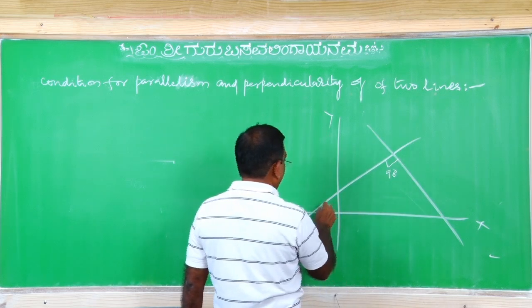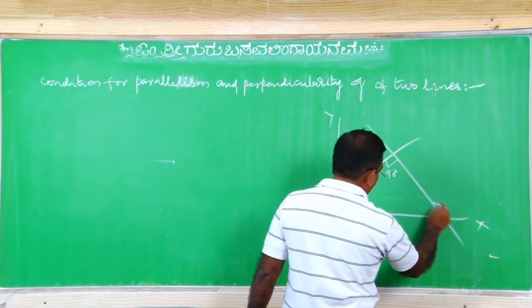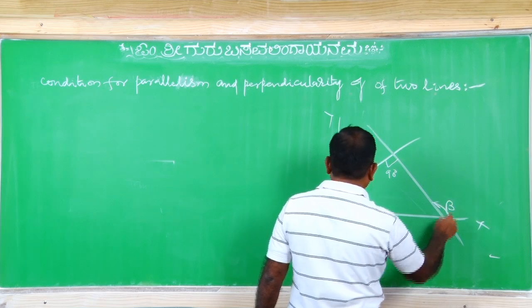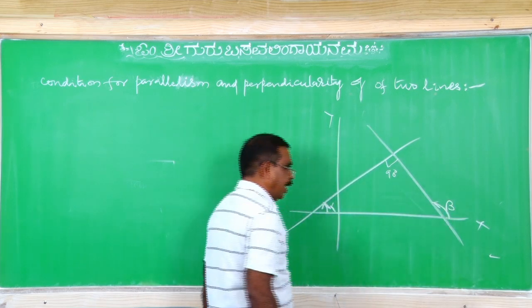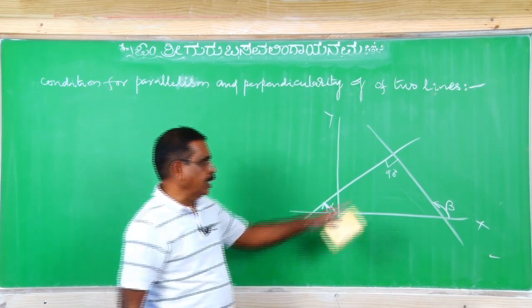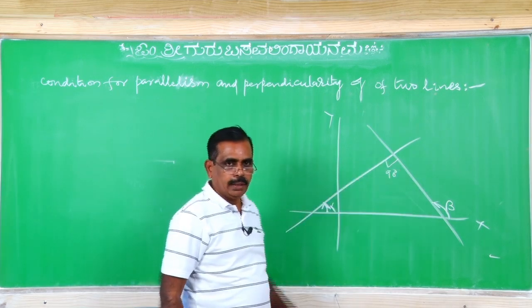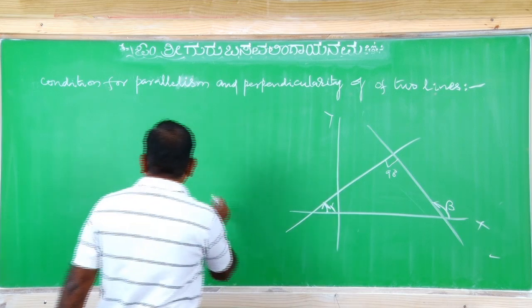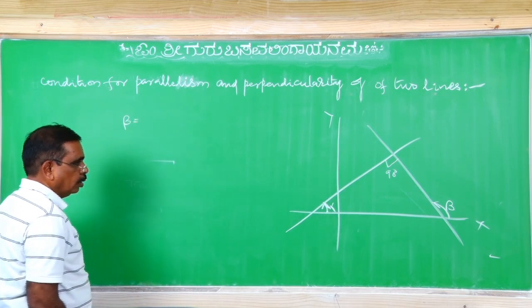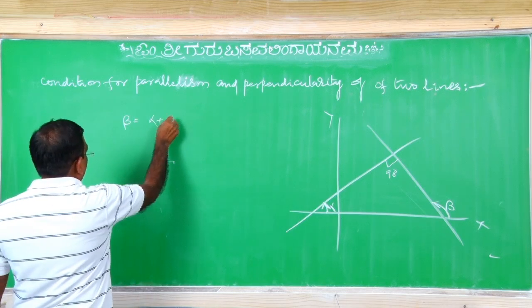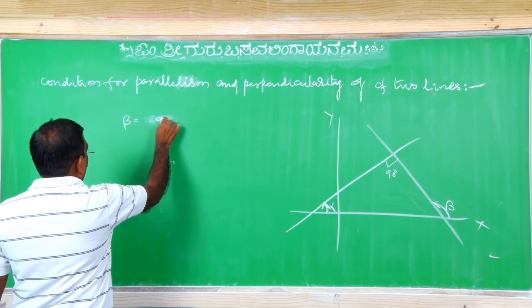Here it makes an angle alpha, it makes an angle beta. This is also the anti-clockwise direction. Tell me, a triangle is formed, correct or not? Beta is equal to how much? I am asking. Beta is equal to alpha plus 90, or 90 plus alpha.